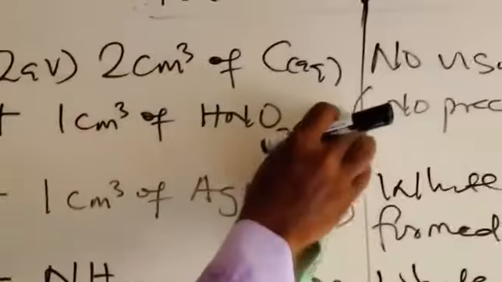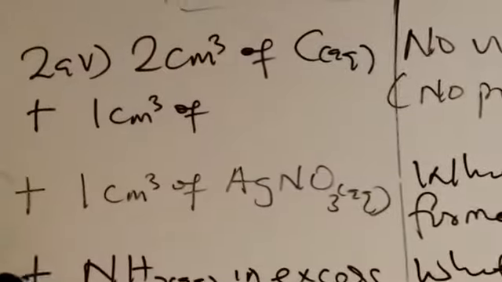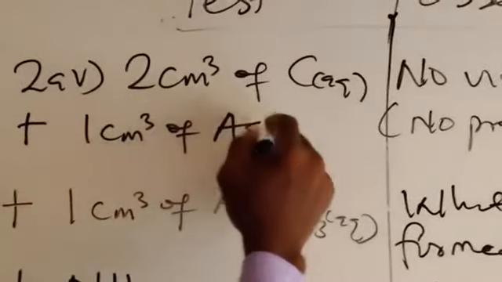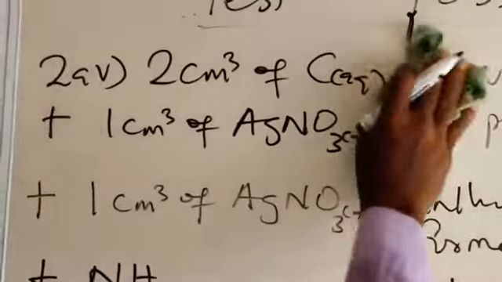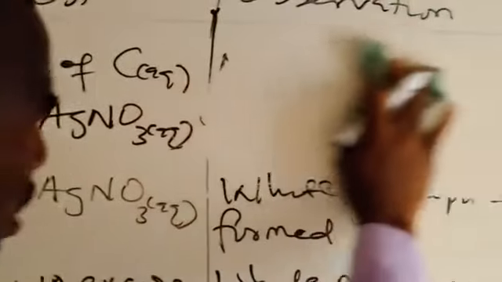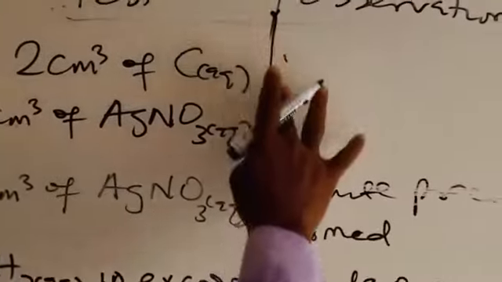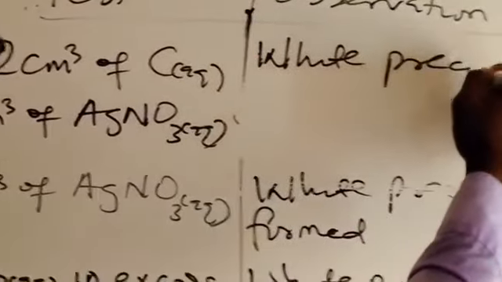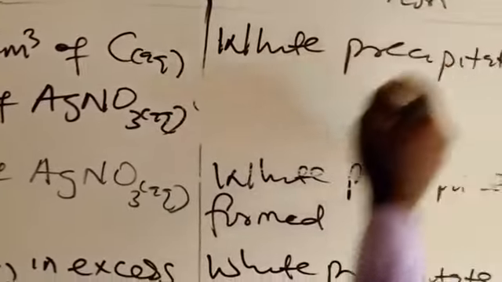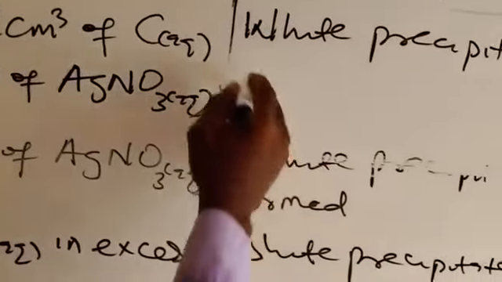Assuming that what we add first is silver nitrate, what will be our observation? Are we going to observe no reaction? No. If you are told to add silver nitrate first, the observation should be white precipitate formed, because questions can be rearranged in different ways.